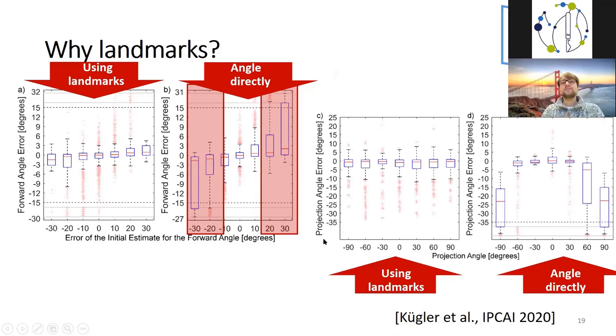If we use the same setup for the projection angle, this angle tau again, we see that this is exactly the same. If we directly predict it, we get really large errors for larger angles, so it tends to predict the average value here. And if we go through landmarks, then this is actually solved.